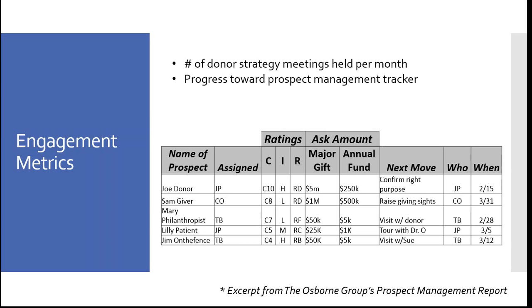So if your team is getting stuck coming up with engagement opportunities, hold yourself accountable to having a certain number of donor strategy meetings every month and monitor your progress, and monitor whether or not that's actually making a difference in terms of coming up with strategies.